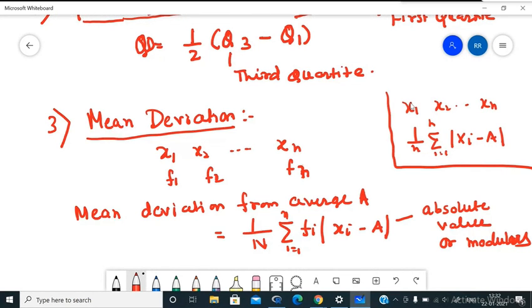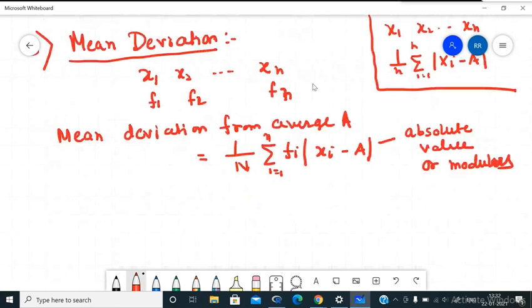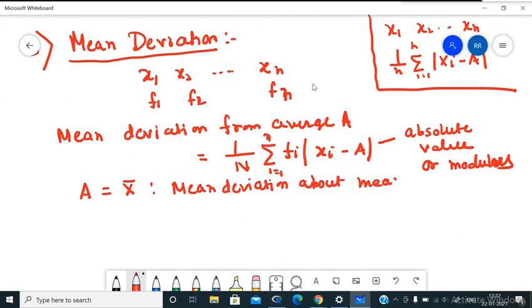So this is basically the mean deviation, and if A is equal to x bar, it is termed as mean deviation about mean.